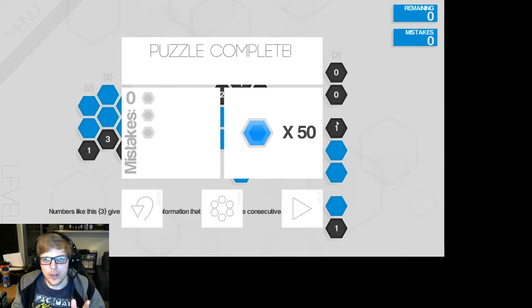One thing I'll say while this is still on the screen, the consecutive, like the curly brace, that doesn't count spaces. So that's why these 3 still count as consecutive. But for the numbers inside the hexes, empty spaces do matter.